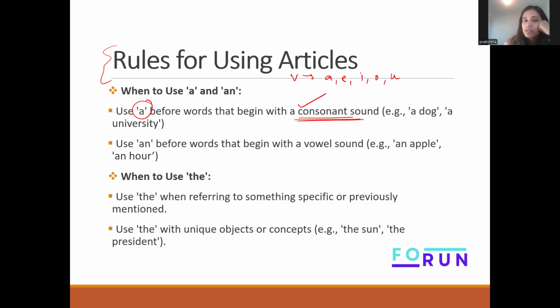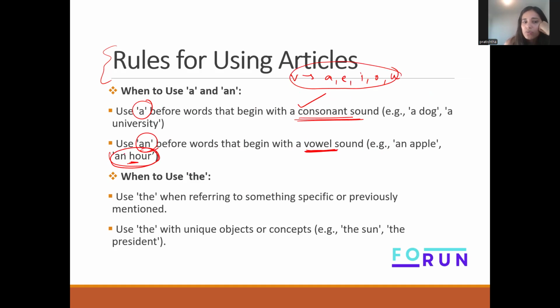So with consonants, we will use A. With vowels, we will use an. Right? An apple, an hour. Now this is an exception because H is not really a vowel, right? So there are a few exceptions, but they are very less.